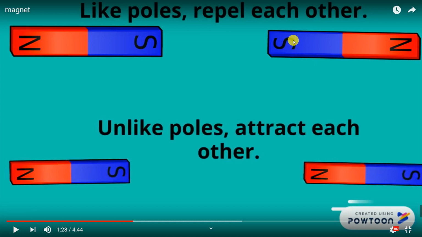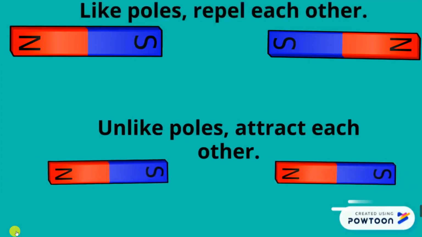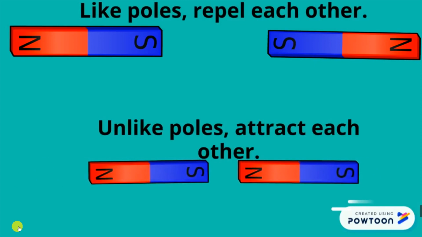But unlike poles or different poles, like S with N, attract each other. Again, like poles like SS or NN repel. Unlike poles like S with N attract. Okay? So look at here, how they attract each other, unlike poles.